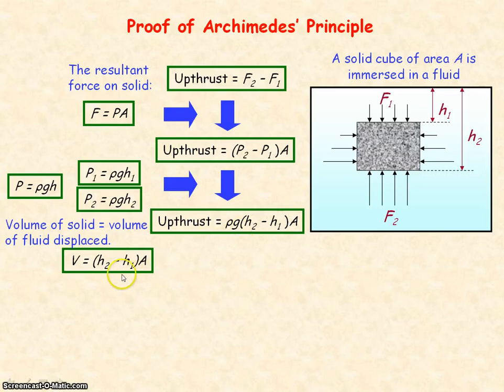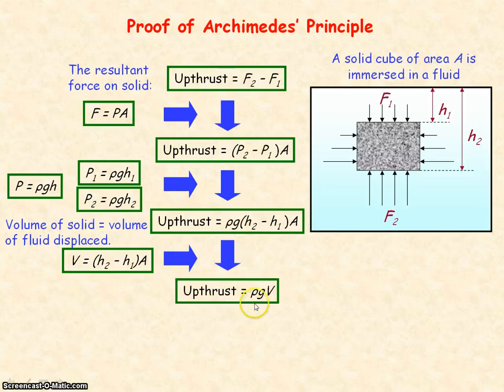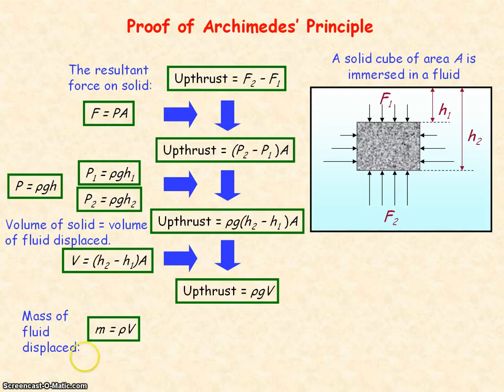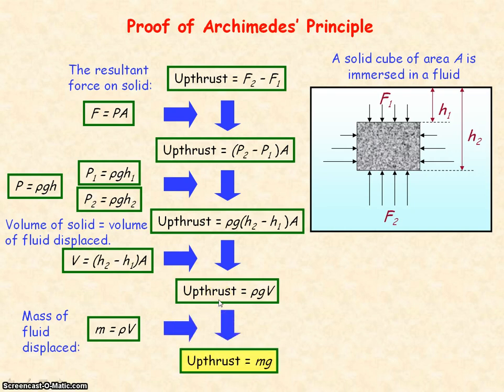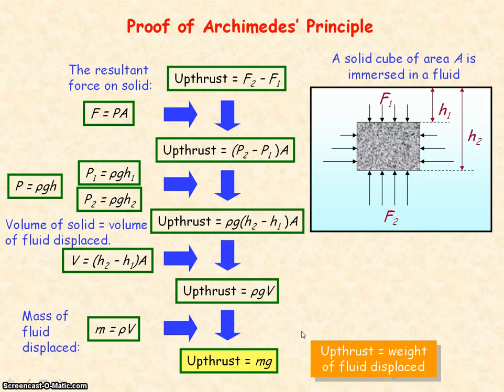So we can substitute for volume into the equation for upthrust to give us rho g V. And the mass of the fluid displaced is equal to its density multiplied by its volume. So the upthrust will equal mg, that is, it will equal the weight of the fluid displaced.